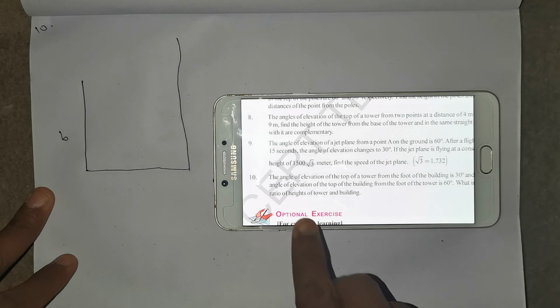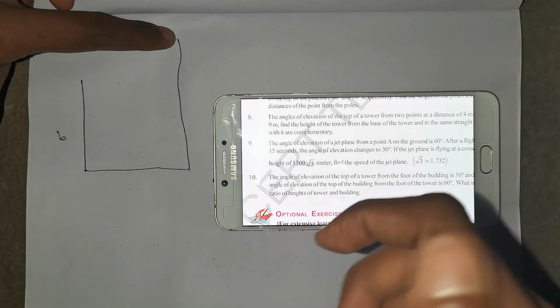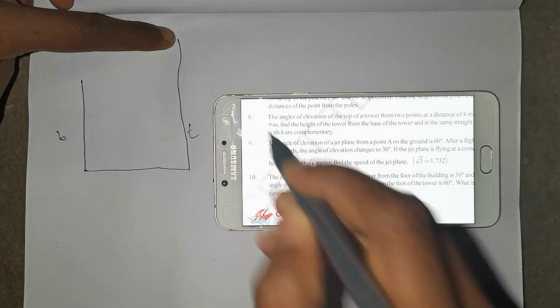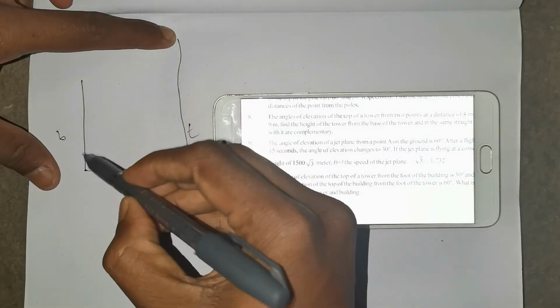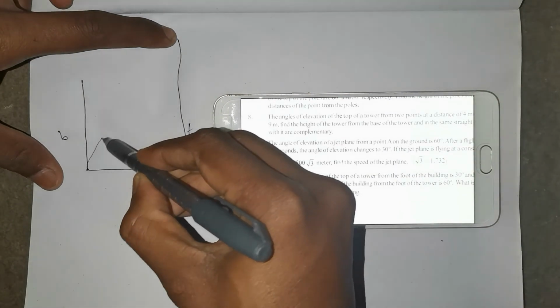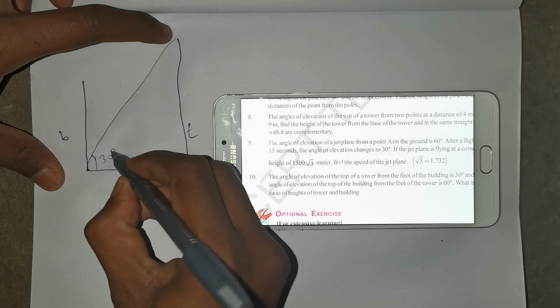Now, the angle of elevation of the top of a tower, I'll mention here T, the top of a tower, from the foot of the building to the top of the tower, is given as 30 degrees.